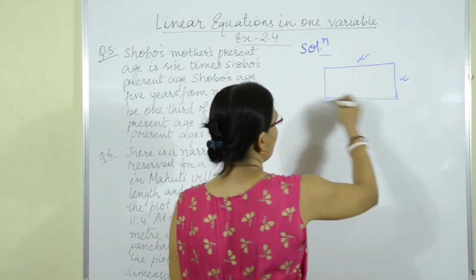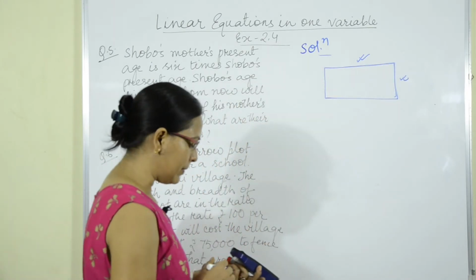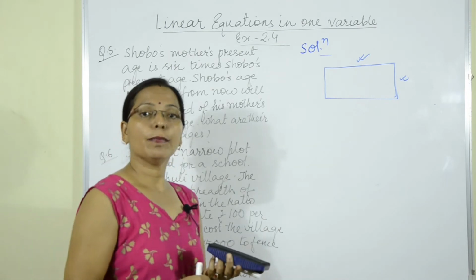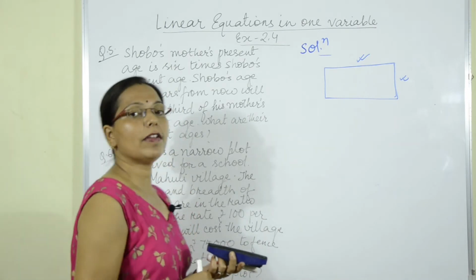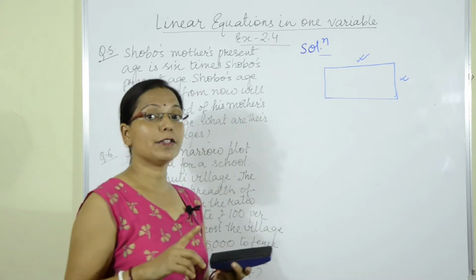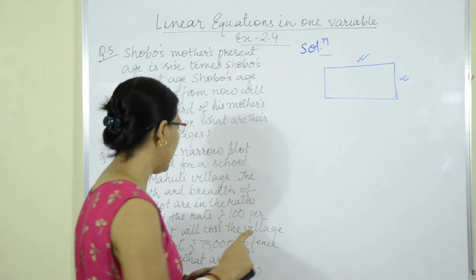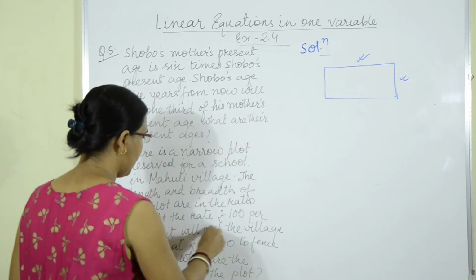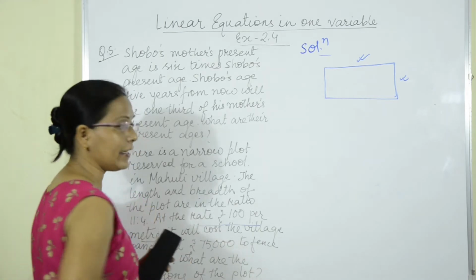Now, the entire plot to be fenced will cost the village panchayat rupees 75,000 at the rate of rupees 100 per meter. That is what it is written, right.